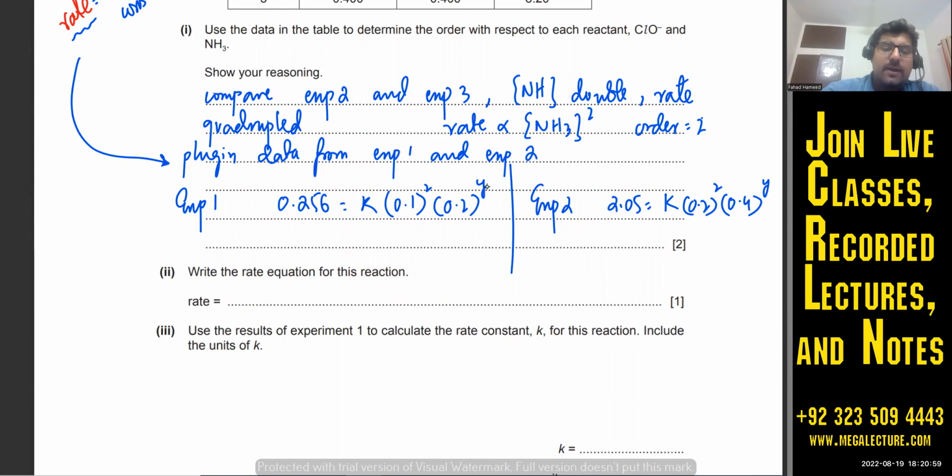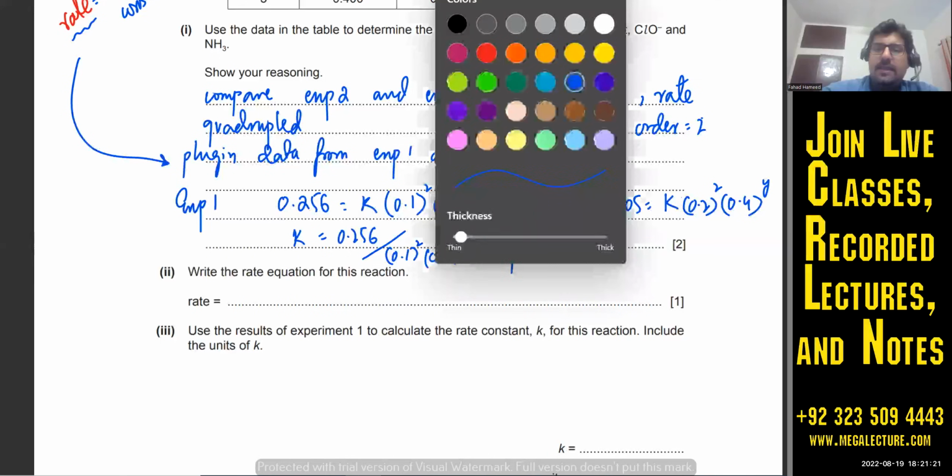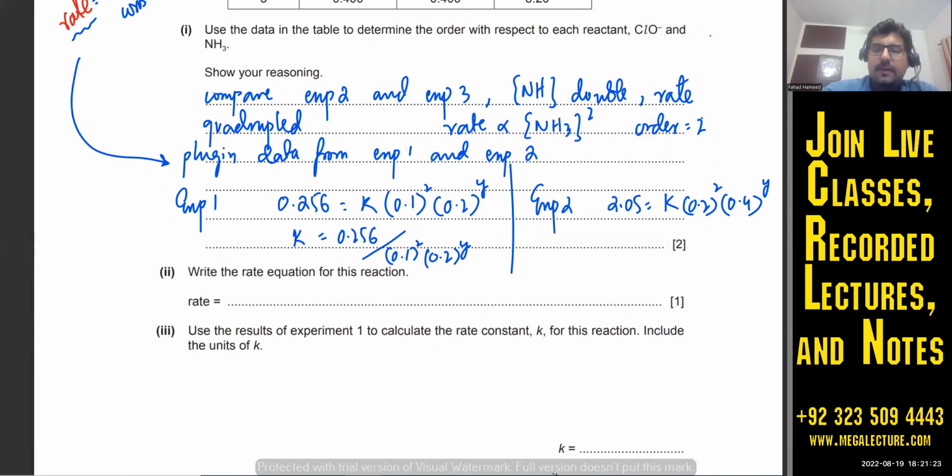So what I can do is rearrange this and get the value of k, which is going to come out to be 0.256 divided by 0.1 squared and 0.2 to the power y. I'm going to take this k and substitute it in this other equation. So I'm going to put k over here.